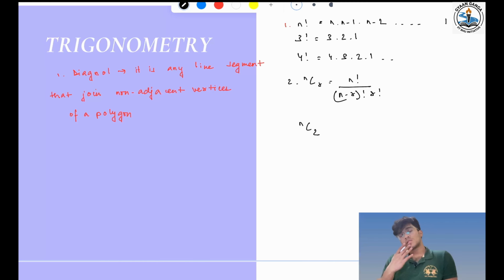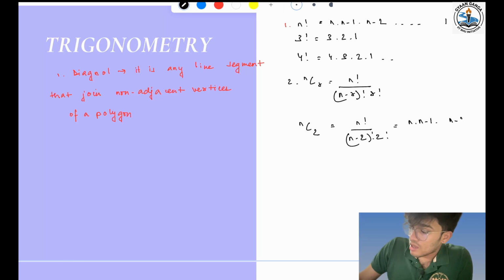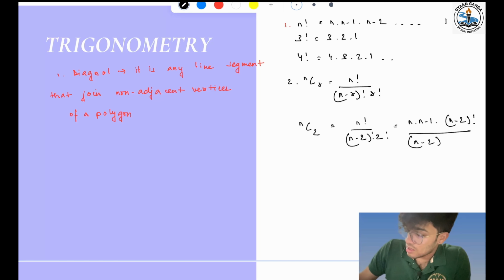Now nC2 is essentially n factorial upon (n minus 2) factorial into 2 factorial. N factorial can be rewritten as n into (n minus 1) into (n minus 2) factorial upon (n minus 2) factorial into 2 factorial, so this gets cancelled out. So it becomes (n squared minus n) by 2.